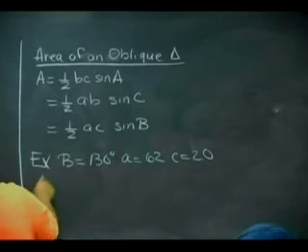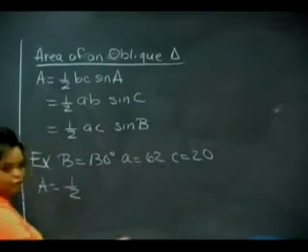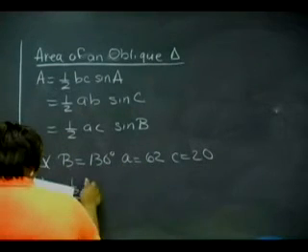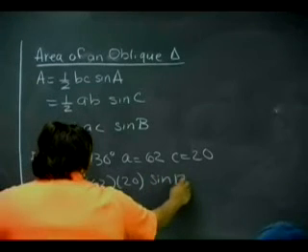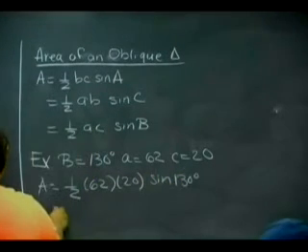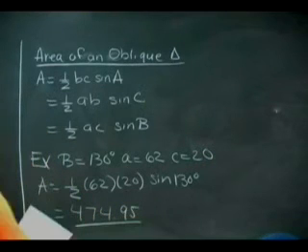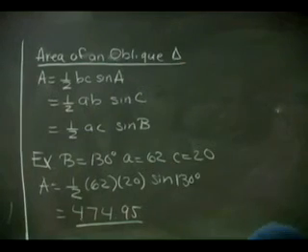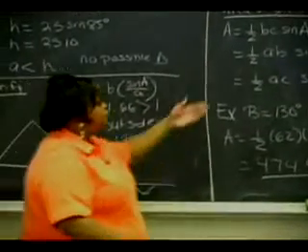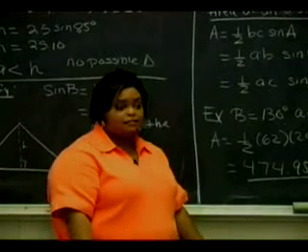Then what's my area? Because I'm given B and the other two sides, it is 1/2 times 62 times 20 times sine 130 degrees, which is 474.95. They're going to give you the values of these sides and angles such that you can use one of these formulas. You're not going to have to find anything. It's going to be given.